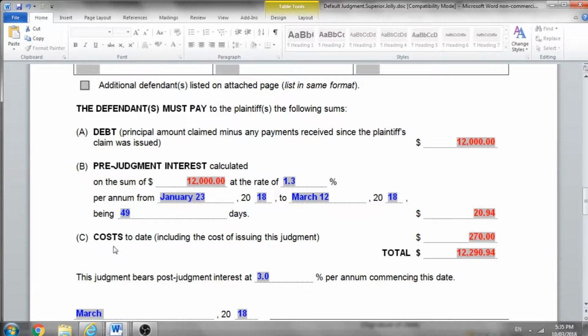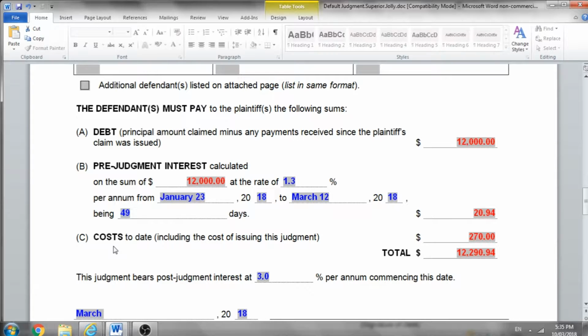but since we had the plaintiff's claim served on 2 defendants by a professional process server, we're also entitled to recoup some of those costs. Now, to my knowledge, we can claim a maximum of $60 for each person served. Now, that at least is the amount that it was the last time I checked.